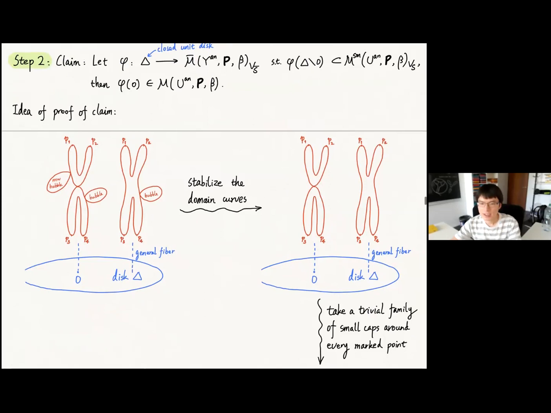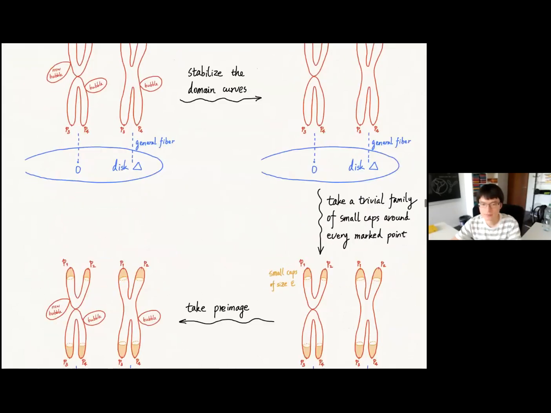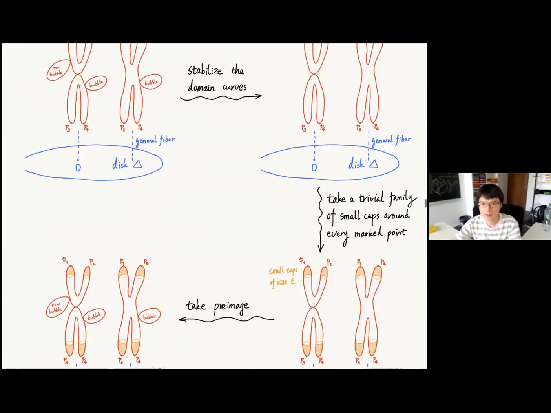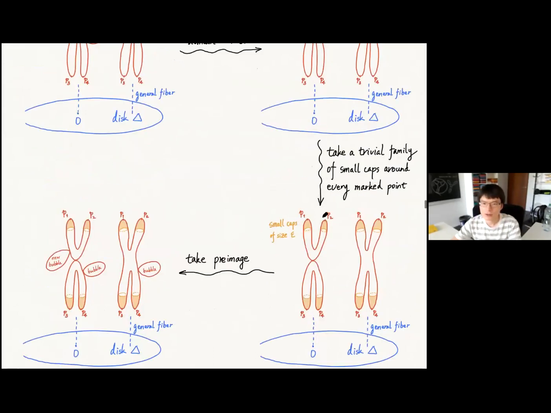Then we take a trivial family of small caps around every marked point. It's always possible if we shrink the disk.